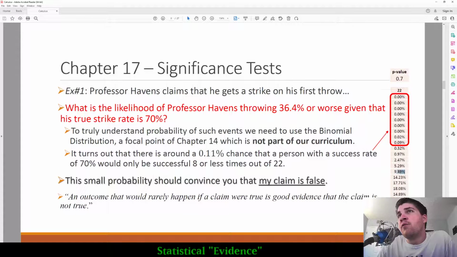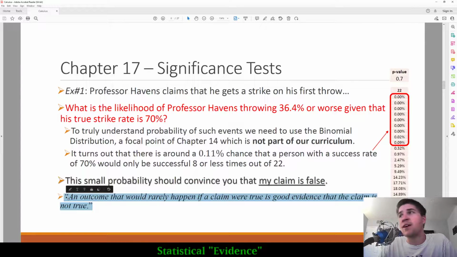And if we add up all of the probability of either getting 13 or fewer strikes, just doing a little bit of rough adding, that's going to look like something like 13 or 14%, whatever that may be. But that may not be strong enough evidence. In our original case, though, it was super unlikely that Professor Havens would bowl that badly, and so we can conclude his claim is most likely false.